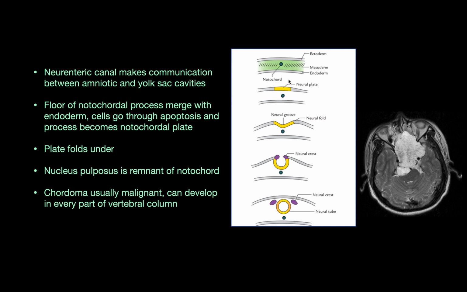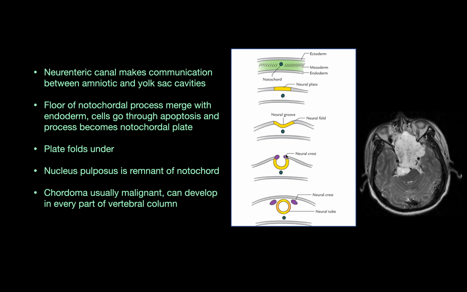Okay, so let's go through the process. Here's the neuroplate, here's the notochord, the groove. Right here would be the crest cells. Cells from here will displace these cells, kind of making it rise and then invaginate.